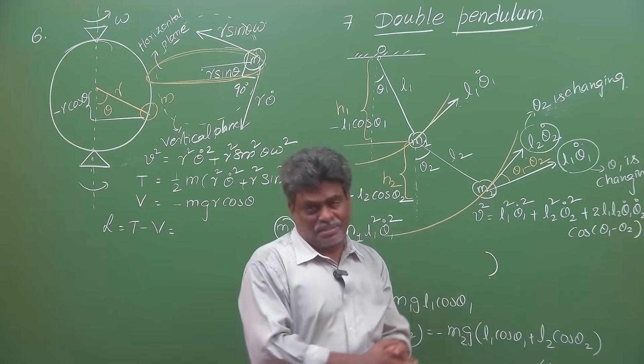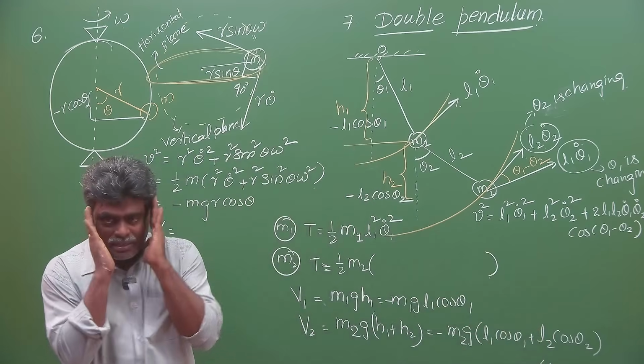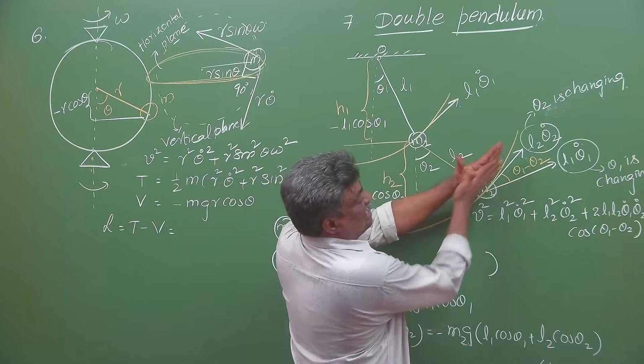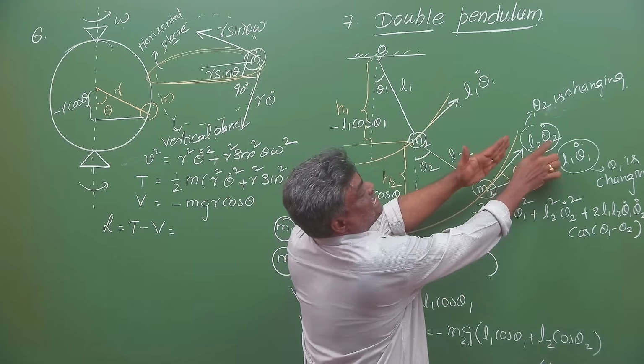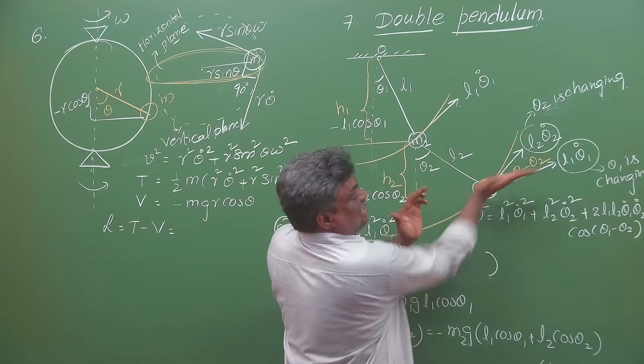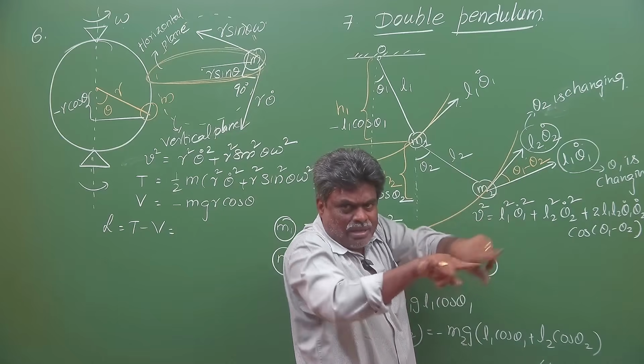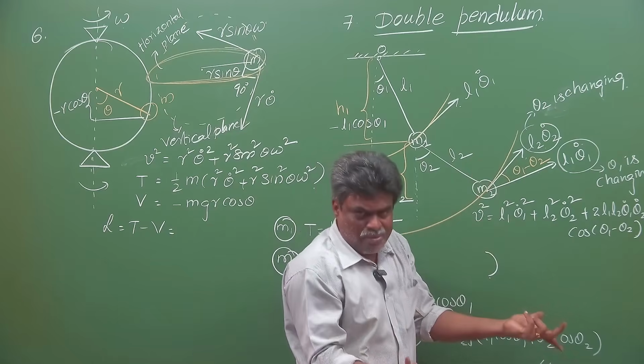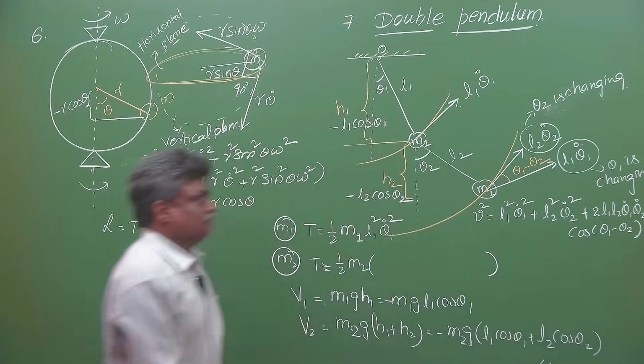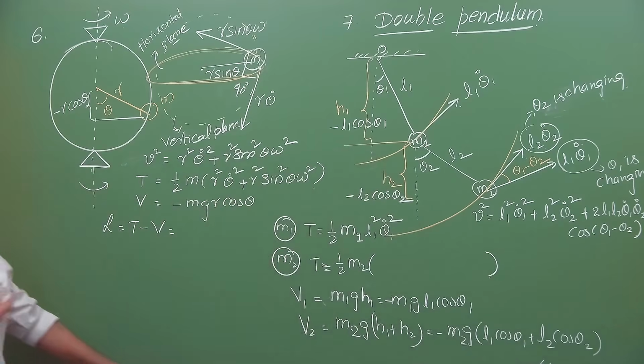That's it. Nothing else. We have to get the angle between these two. This is going in the increasing direction of theta 2. This is going in the increasing direction of theta 1. What is the angle? What is the difference between them? Theta 2 minus theta 1. Theta 1 minus theta 2. Anything you can take. It's not a problem.